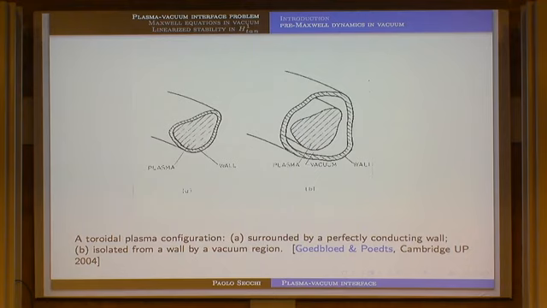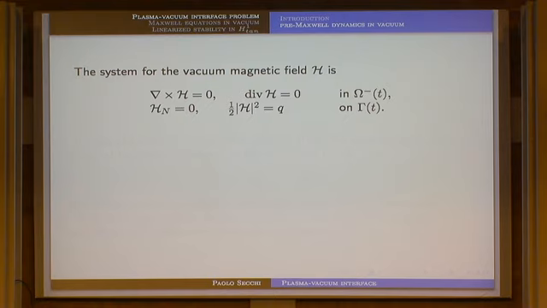This one, where the plasma touches the wall, is different from our case. This second possibility, where the plasma is isolated from the wall by a vacuum region in between, could be the case for us. But there is a comment to make with respect to this.